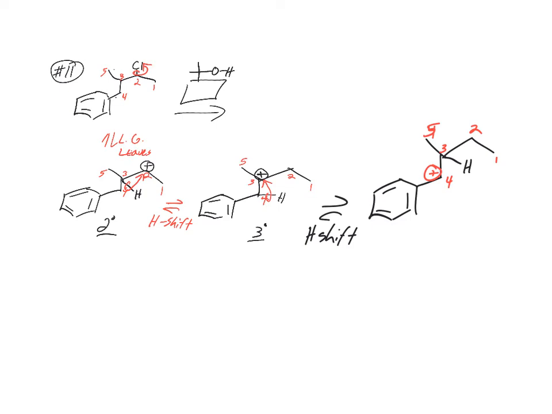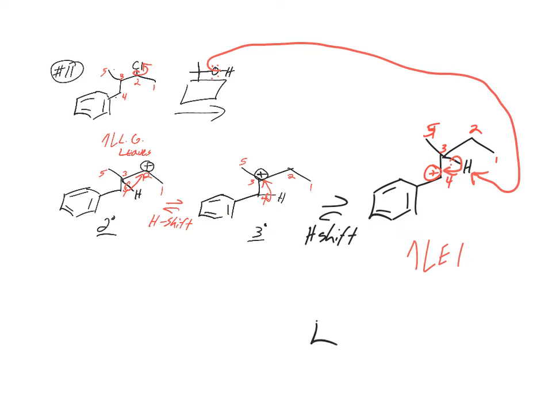So now we finally use that base we picked in the very beginning to do the E1 final step. And what kind of alkene are we going to make?